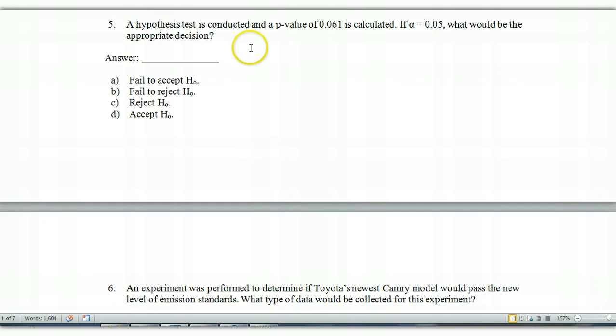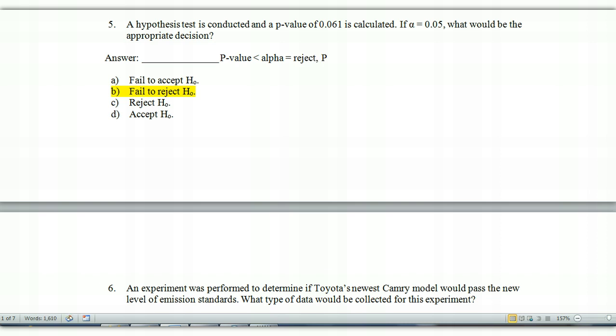Alright, a hypothesis test is conducted. A p-value of 0.061 is calculated. If alpha is 0.05, what would be the appropriate decision? In this case, the p-value is greater than alpha, so we fail to reject. Remember, the way it goes is, if p is less than alpha, which is the level of significance, then you reject.